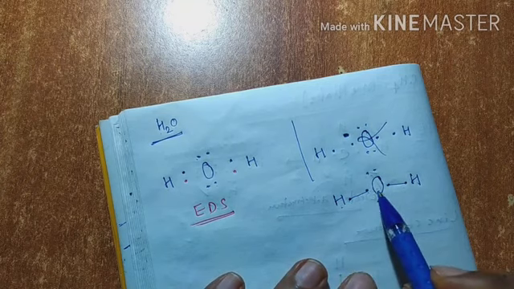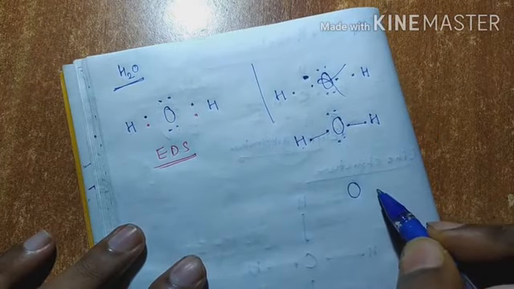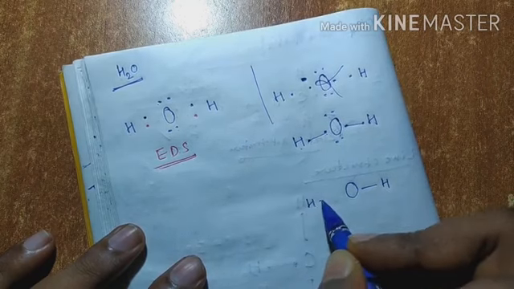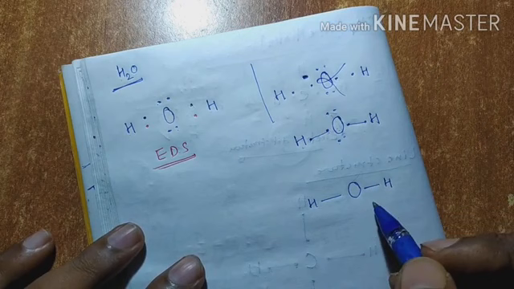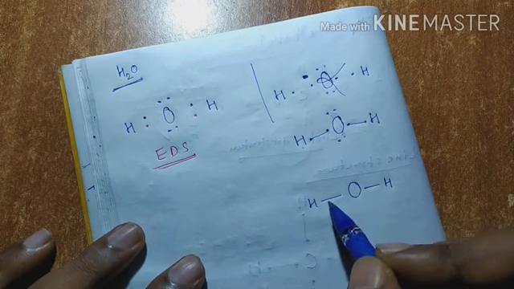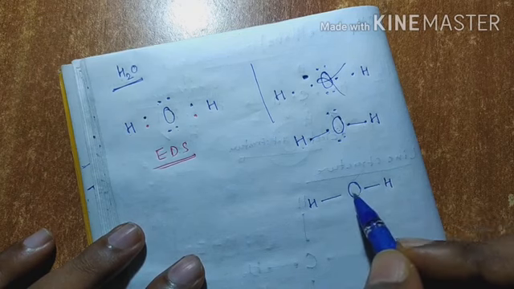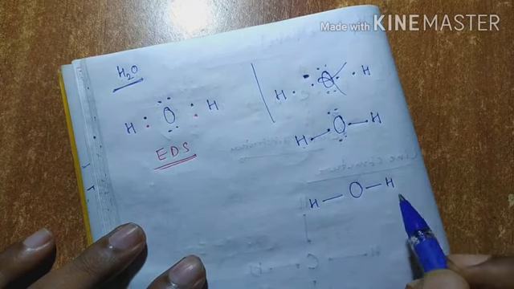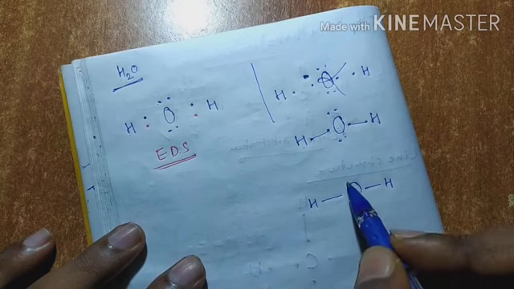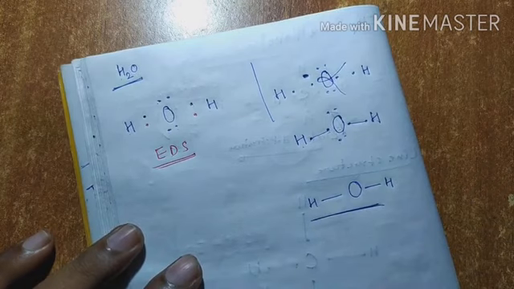So no need to show this one during the line structure. So simply oxygen, hydrogen. This is the line structure of the water molecule, that is H2O. But remember, I am not darkening here. It means in a single bond there are 2 electrons. Always remember this concept. I will use it later on. There are still 4 electrons there, but no need to show them during the line structure.